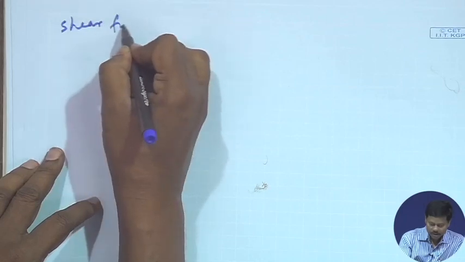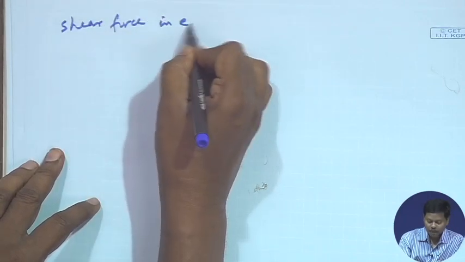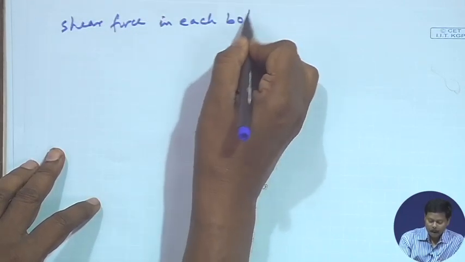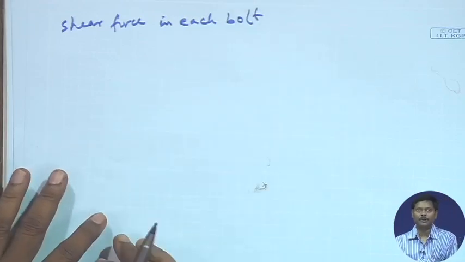Now, again we will find out shear force. Shear force in each bolt will be how much? We are considering the total force divided by n, the total number, because at the beginning we assumed that all bolts will carry an equal amount of force, means the direct force.